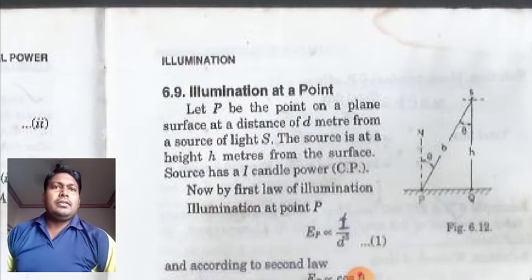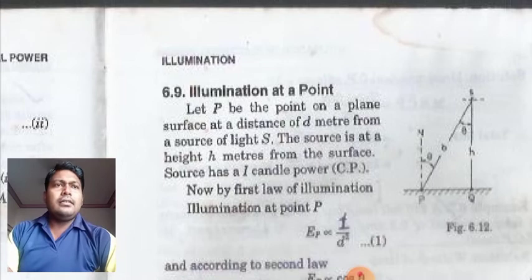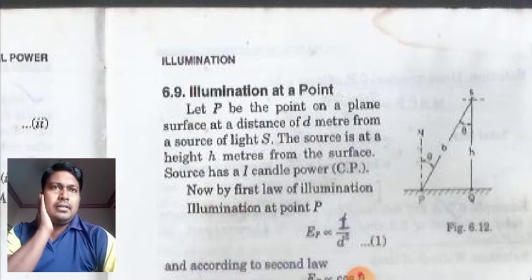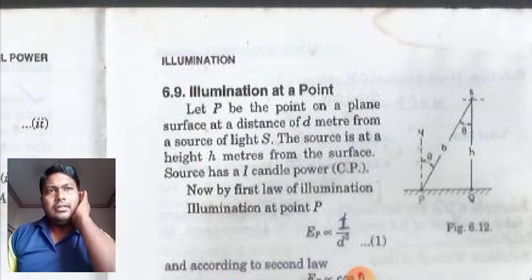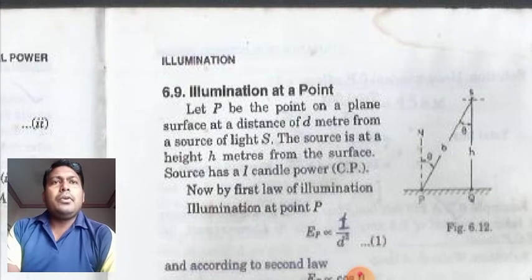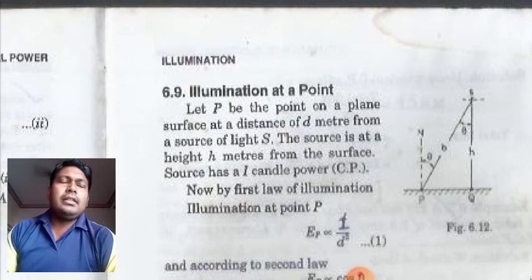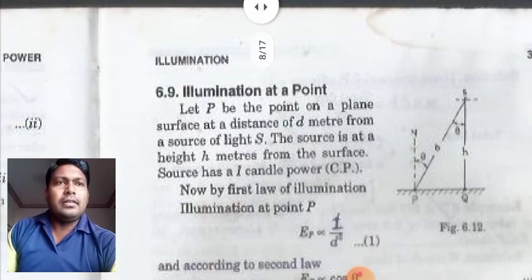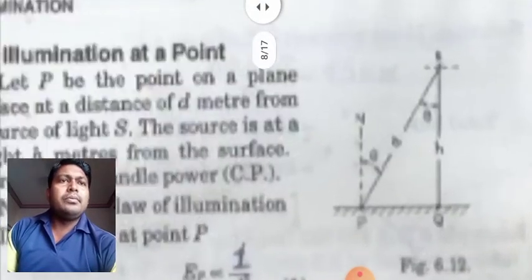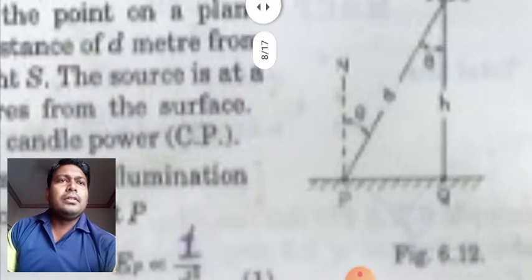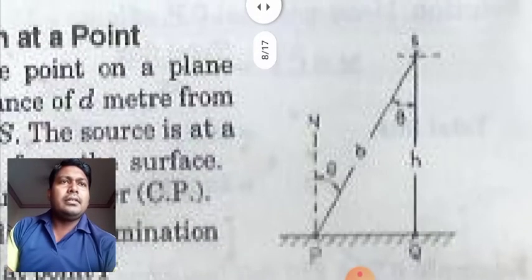Illumination at a point. Now we will understand illumination at a point. We have taken an example. Suppose there is a point P on a plane surface. With the help of this diagram, I think it is very clear that this point P is visible to all of you.